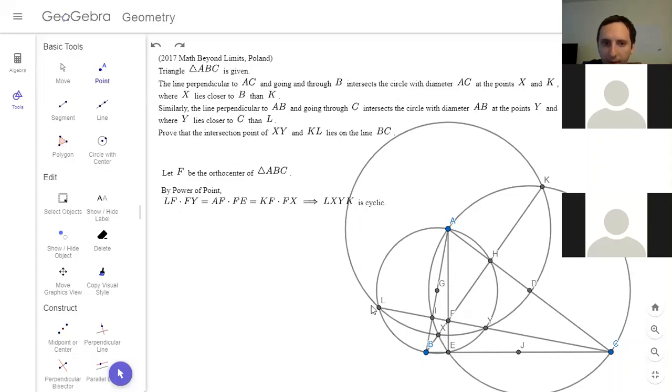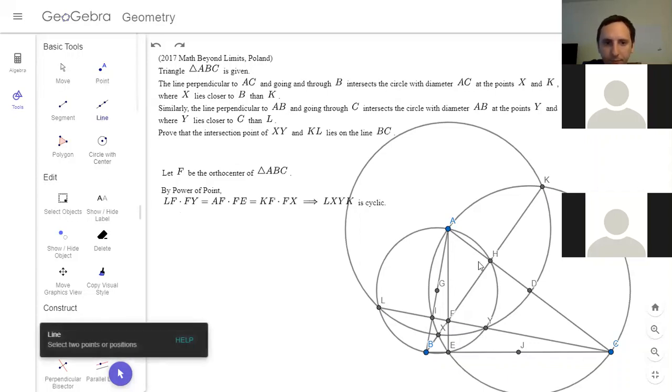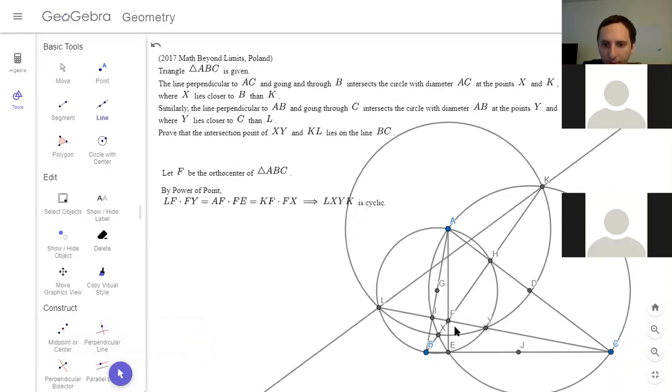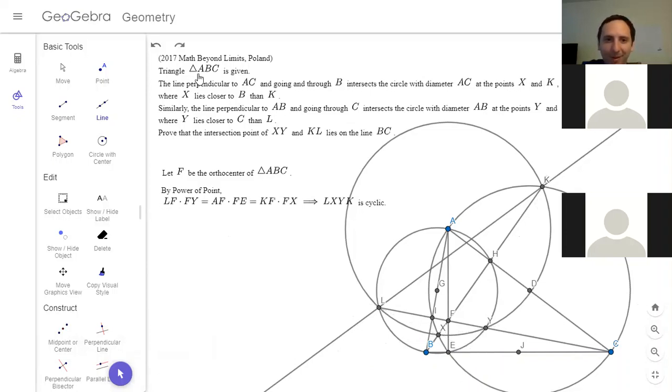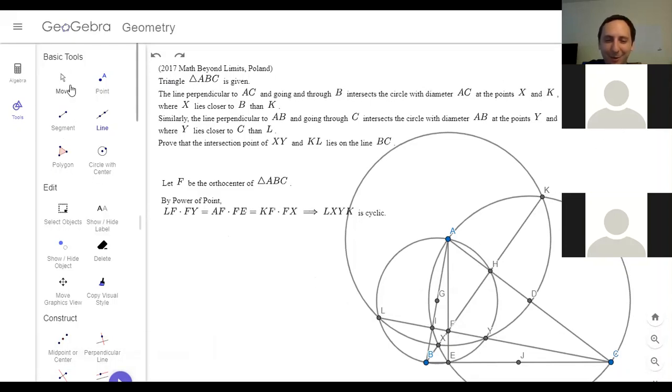On XYKL? Okay, so by Ricard's theorem on XYKL, but how does that, I would think that would mean that this point and, oh, because the line joining those two has to be the same as BC. Okay, so they actually both meet on BC, yes. Okay, I got you. Nice. Sorry, I was a little bit slow there.